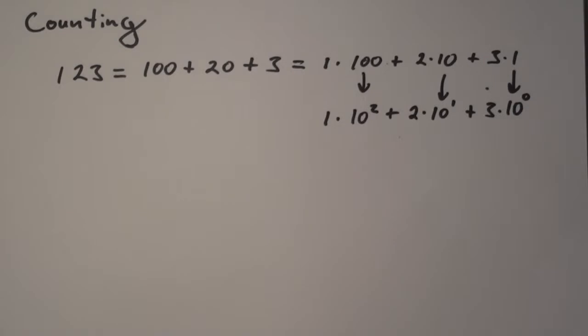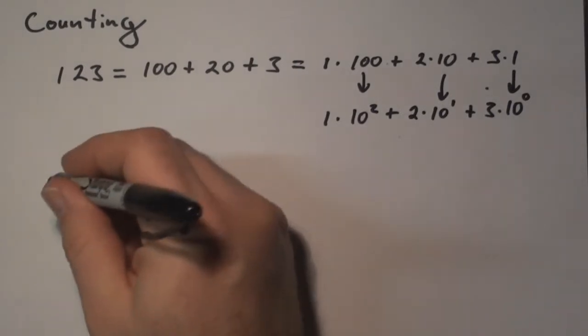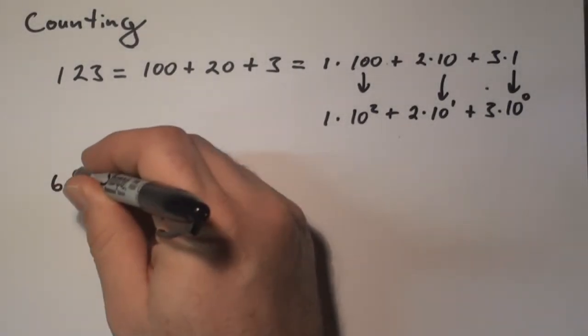So 123 is really equal to 1 times 10 to the power of 2 plus 2 times 10 to the power of 1 plus 3 times 10 to the power of 0.